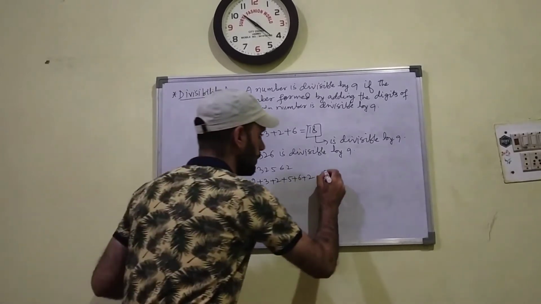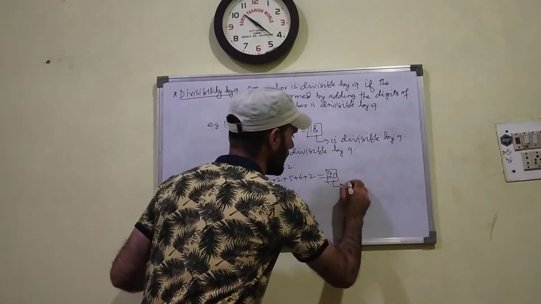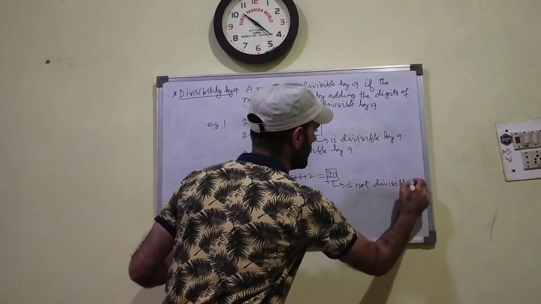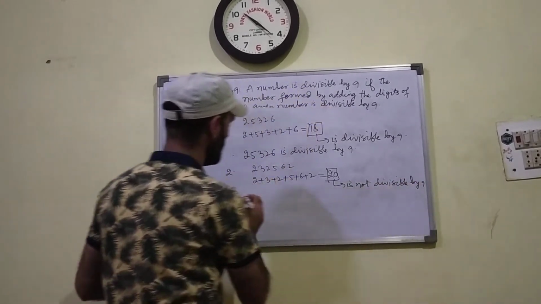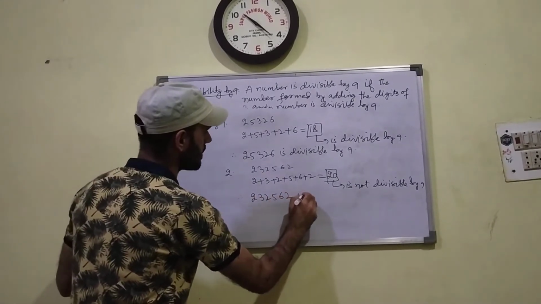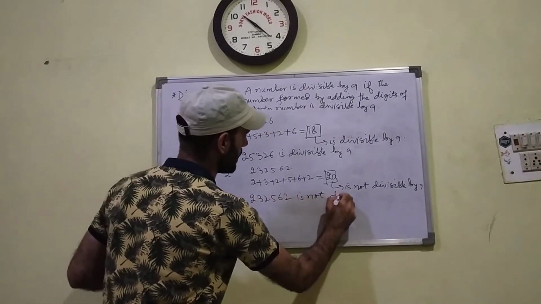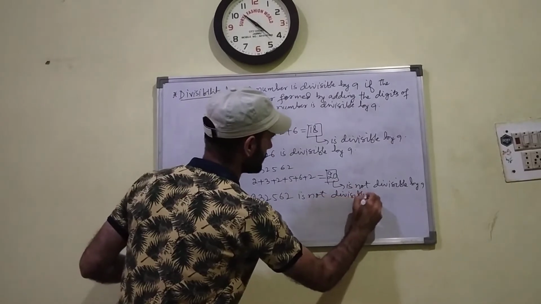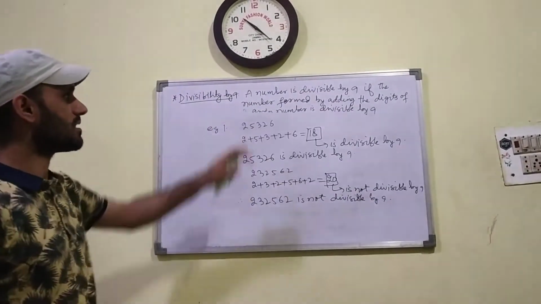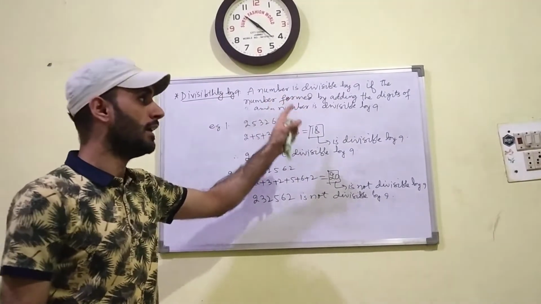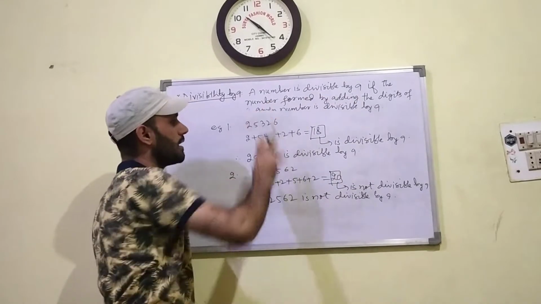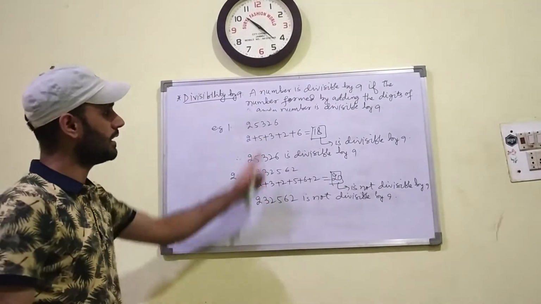No. 20 is not divisible by 9. Therefore, the given number is not divisible by 9. So any number is divisible by 9 only if the number formed by adding the digits of a given number is divisible by 9.